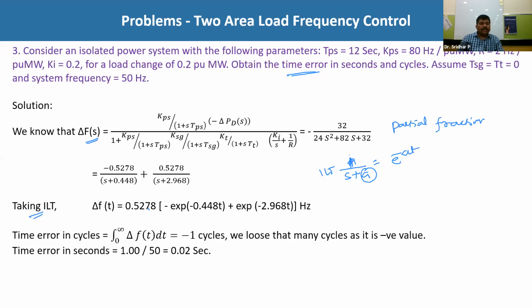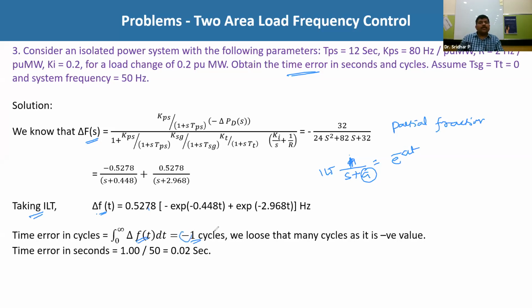Now, to get this time error in cycles, this is the time from 0 to infinity, completely at a stretch. Now if you integrate between 0 to infinity, because we require the steady state values, if you substitute in 0 to infinity delta f of t, you will get minus 1 cycle. Why minus?